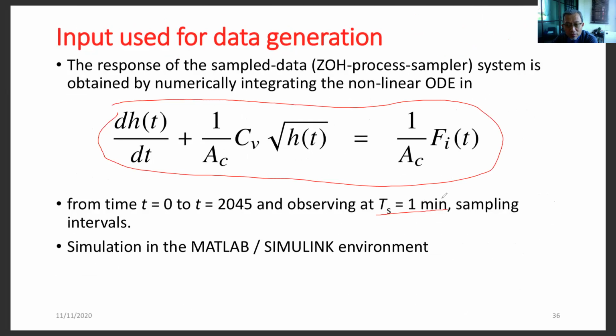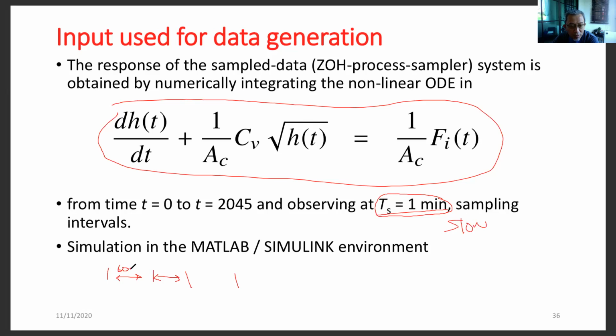You can see that the sampling time is 1 minute, very, very slow. Every 60 seconds, one sample. So the interval is 60 seconds. You don't need to buy expensive equipment, buy a cheap data logger.